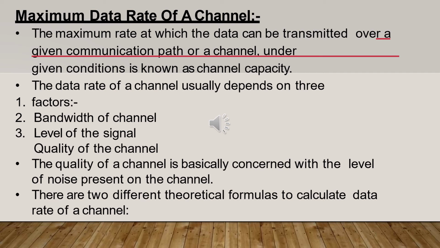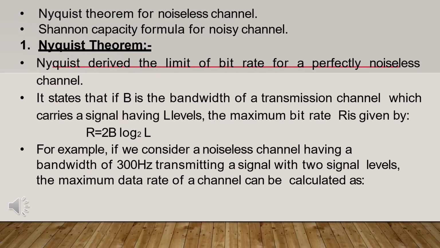There are two different theoretical formulas to calculate the data rate of the channel, which we will discuss on the coming slides. Generally, we use the Nyquist theorem for a noiseless channel to obtain the capacity, and we use the Shannon capacity formula for noisy channels, right? Let us have a look at the Nyquist theorem.